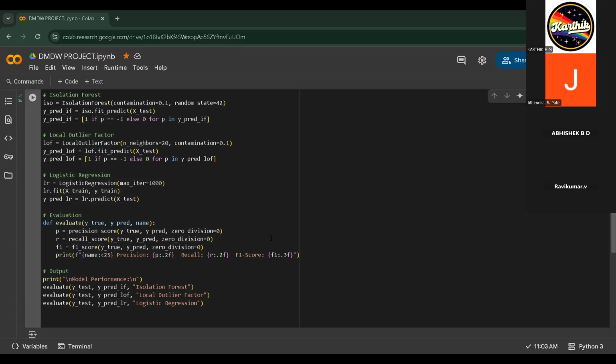It also converts prediction -1 to 1 and 1 to 0.